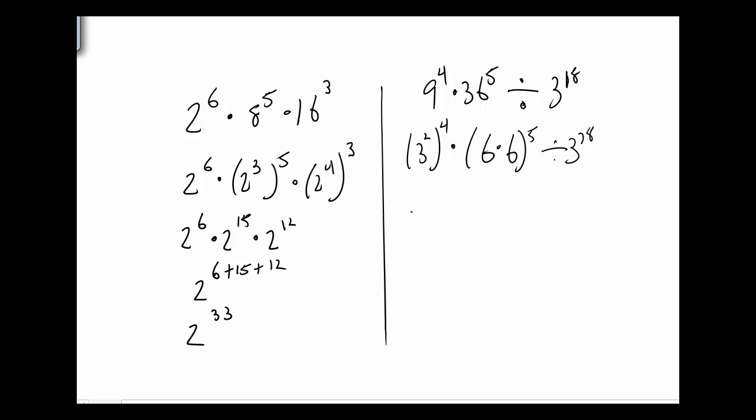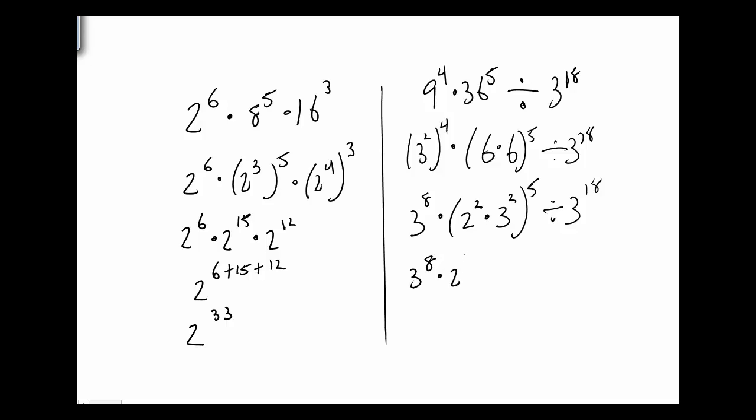Let's see, 3 squared raised to the 4th would be 3 to the 8th. And 6 times 6 is really 2 times 3 times 2 times 3, so 2 squared times 3 squared, that we're all raising to the 5th power. And then I can apply that rule that says I can distribute that 5.